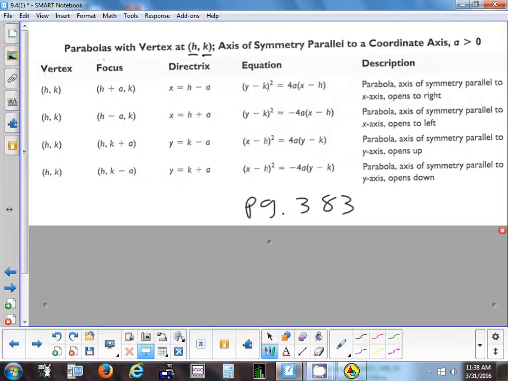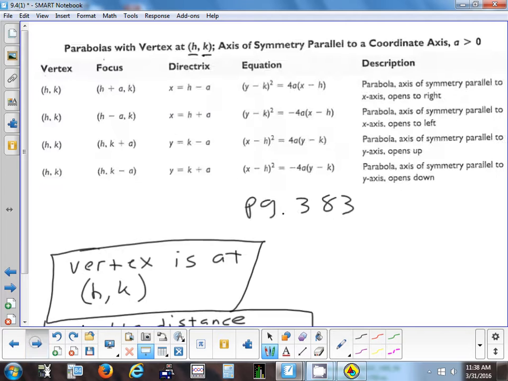It could be really either one. But what we have to be careful of is we always write it as minus when we're trying to think about it. So if I get a problem that has a plus in it, I'm going to rewrite it as a minus so then I can figure out which way it's shifting. Because h is always the number after the minus sign. K is always the number after the minus sign.